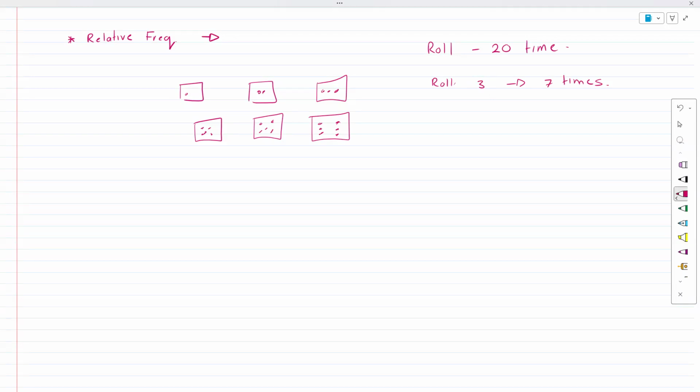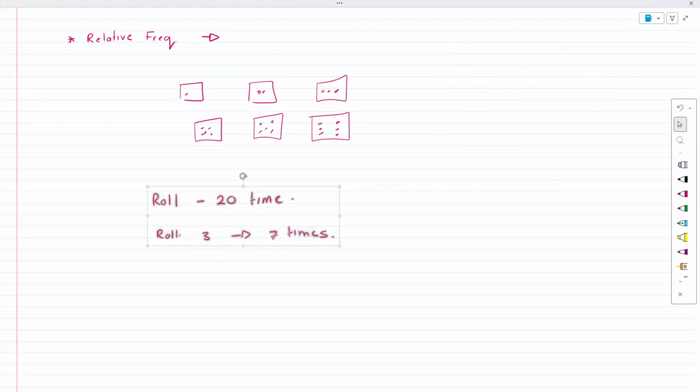I want you to understand there's a difference between theoretical probability and relative frequency. I think the best way to do it is to actually use a question and a dice question as well. So we're going to use a question.